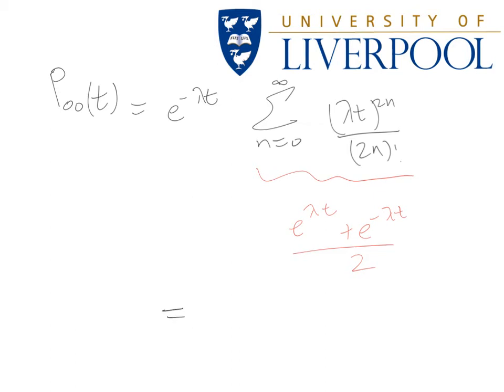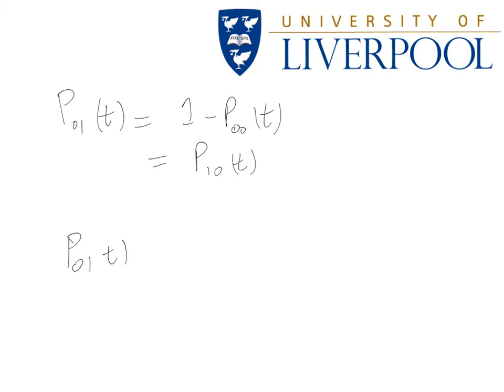So we have that P00(t) equals a half plus a half e to the minus 2 lambda t, which also happens to equal P11(t). P01(t) equals 1 minus P00(t), which equals P10(t). So we have that P01(t) equals P10(t) equals a half minus a half e to the minus 2 lambda t.